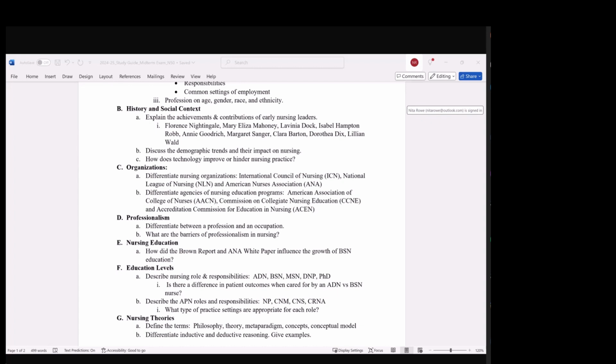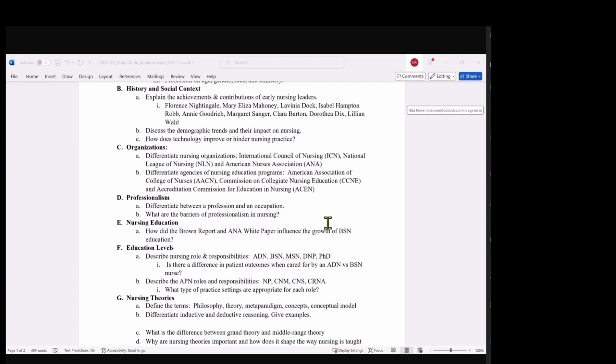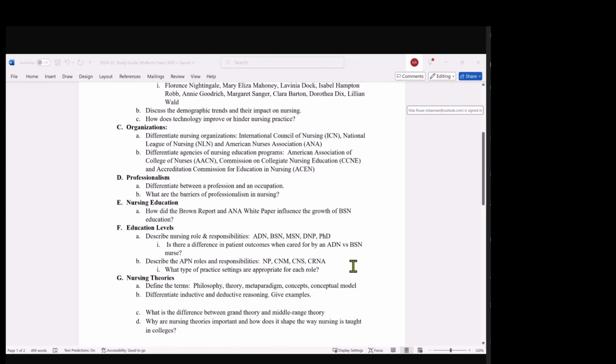In regards to the ANA paper and the Brown report, it is the 4-year degree nurse. So know the similarities between the Brown report and the ANA paper.